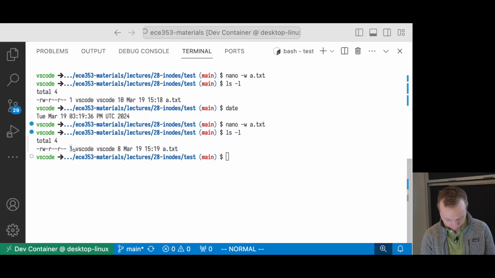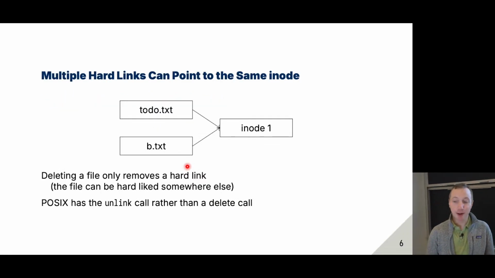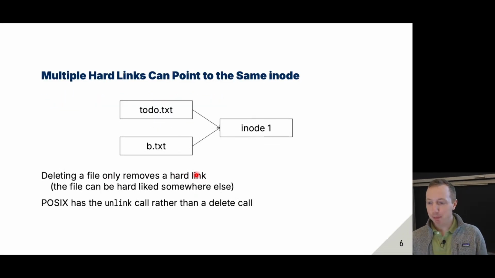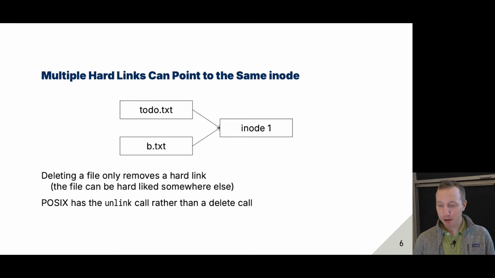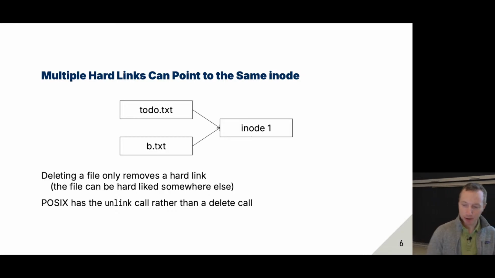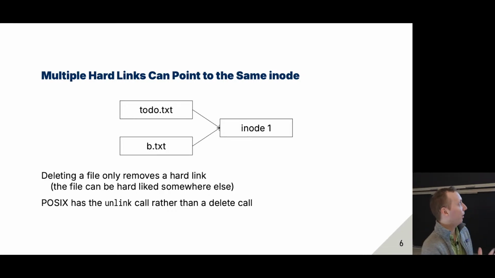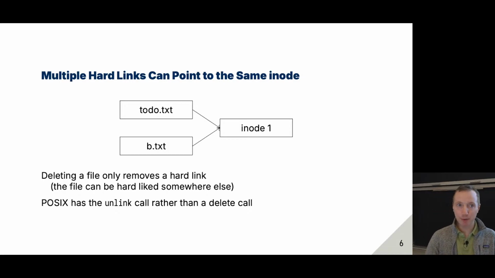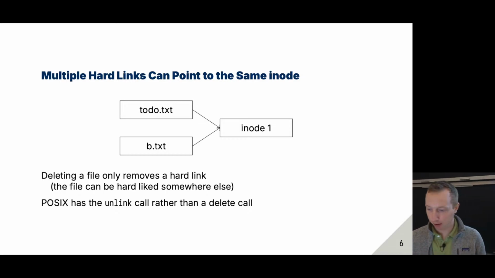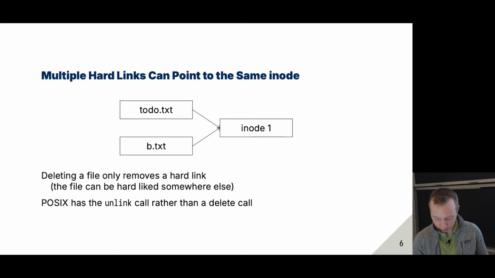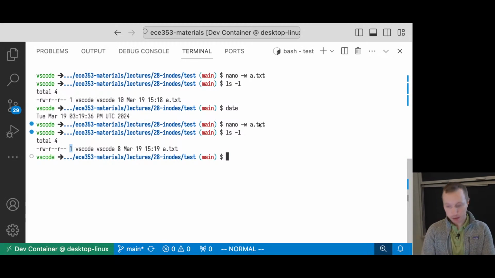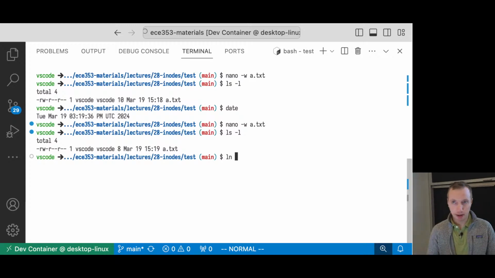So let us go back real quick and then we can play with something. So you can actually create multiple hard links to the same inode. And what I can do is I can create another hard link called like b.txt that points to the same inode, which would be like the same content, same metadata, same everything. And we can go ahead and try that out. So I can create a hard link by using the ln command.